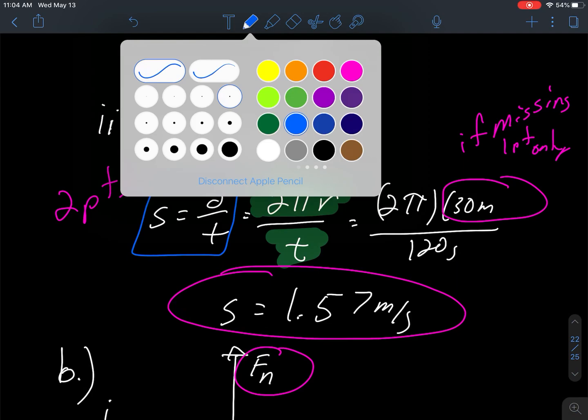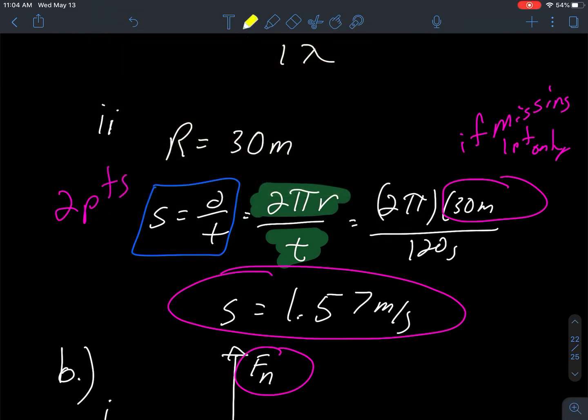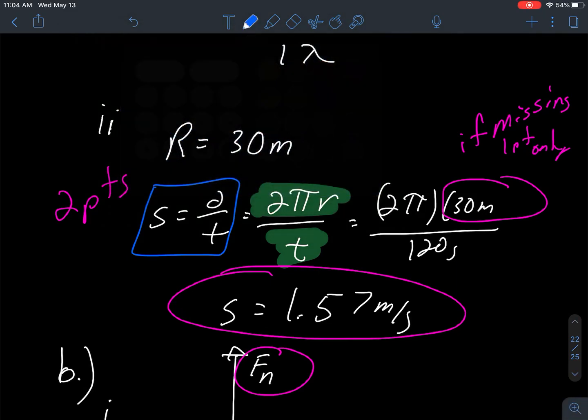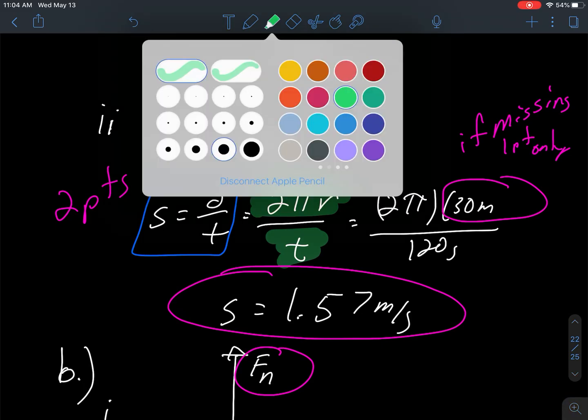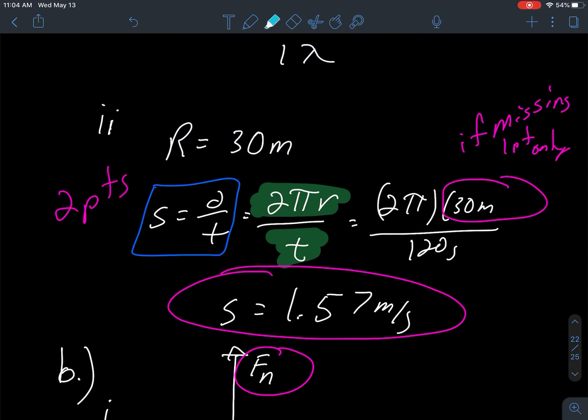They wanted you to mention or use that 30, recognizing that that is the radius, and that you took that from the graph. If you were missing that 30 meters, you probably would have only gotten 1 point. Or if you did something like 2 pi over t, you may have gotten 1 point.